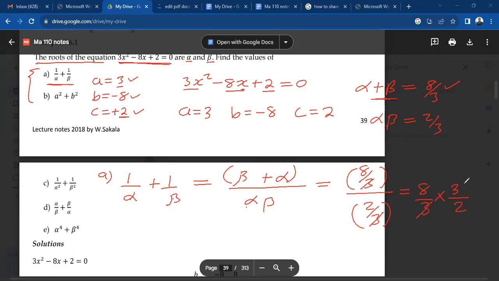Then 3 and 3 cancel. That's why the 3 is cancelling. Then you are going to have 8 over 2, and 8 divided by 2 gives you 4. And that's why we are saying the solution to this, 1 over alpha plus 1 over beta, is simply 4.